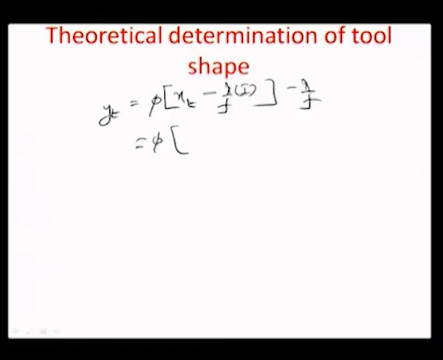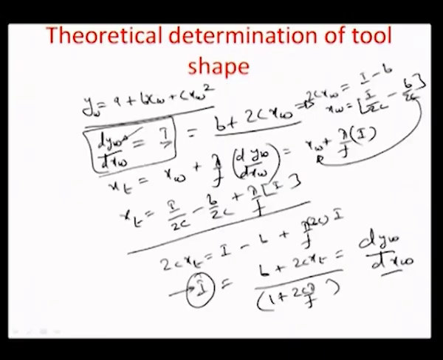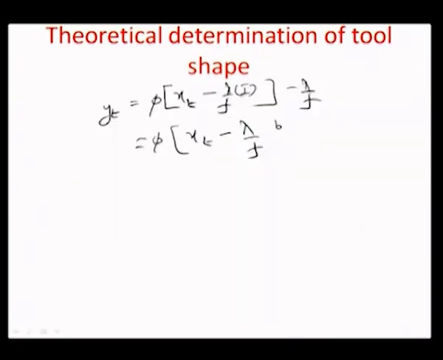This really means that the argument xt becomes xt minus lambda by f times the I value that has been deciphered before as b plus twice cxt divided by 1 plus twice c lambda by f, minus lambda by f.